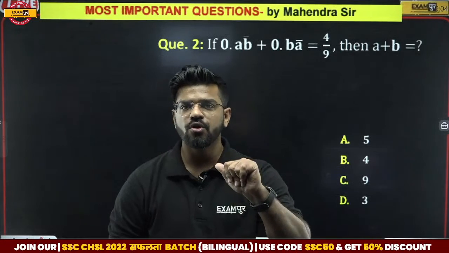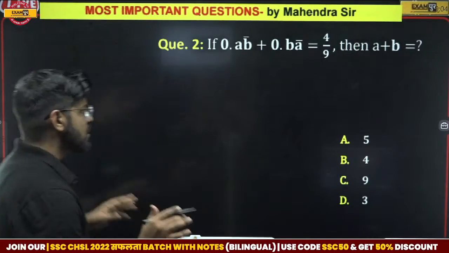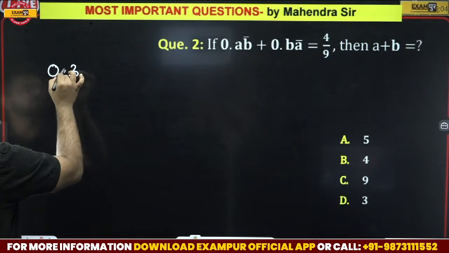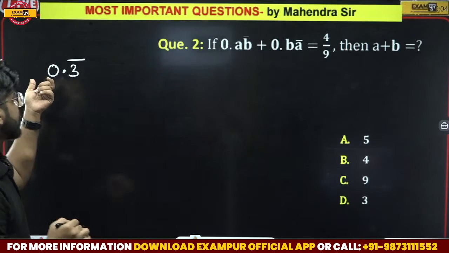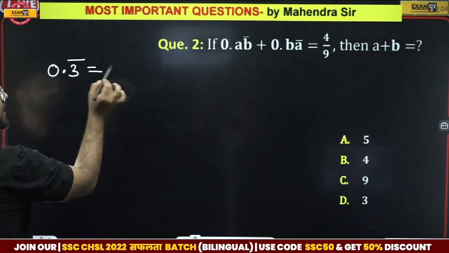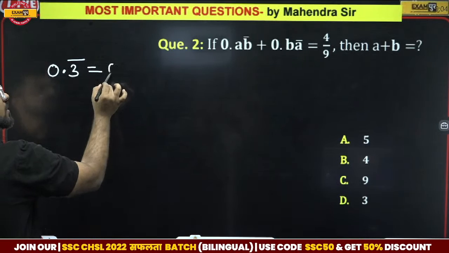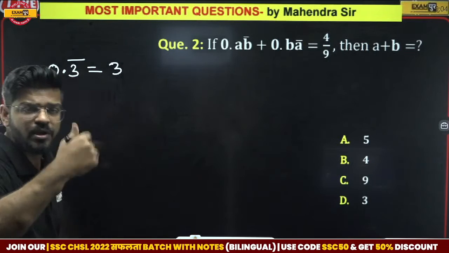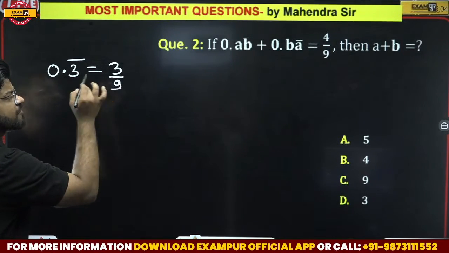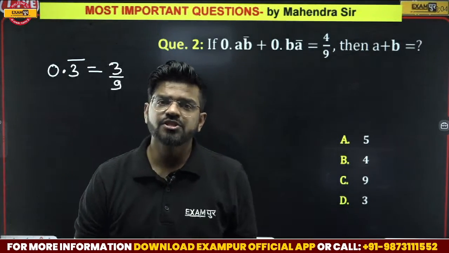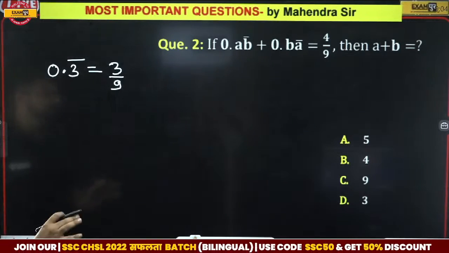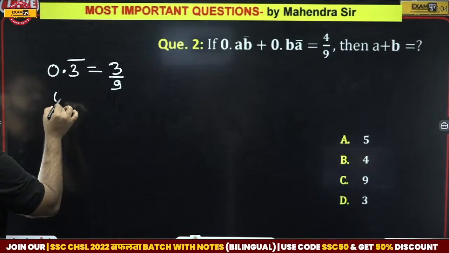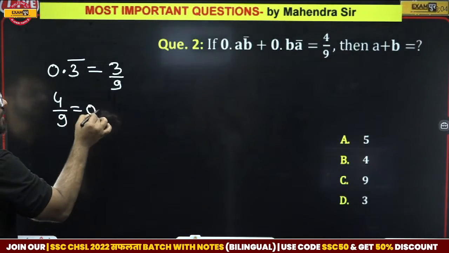Now there is one more question. Tell me the answer for this question. One more thing I want to tell you: if you want to calculate the value of 0.3 bar, you have to write 3, and whatever the number of digits below the bar, that many 9s you have to divide 3 by. So 4 by 9 can also be written as 0.4 bar.